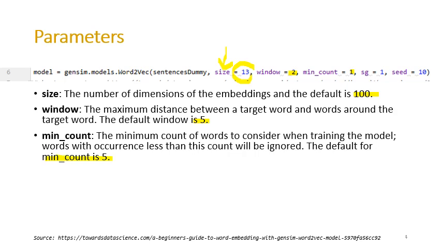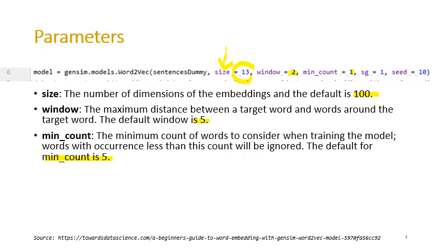The reasoning is that if a word appears very rarely, like you have 100,000 sentences and a word just appears once or twice, probably you want to discard it. It will not mean too much in the analysis.